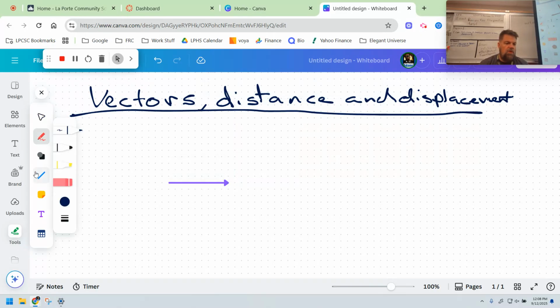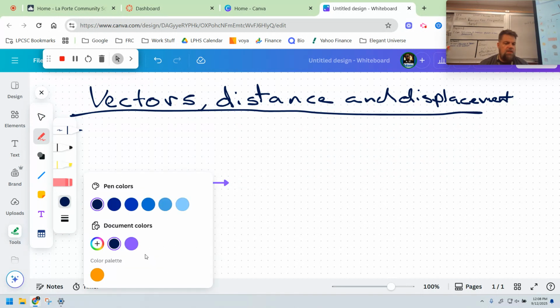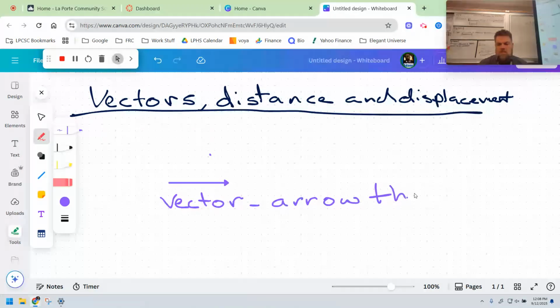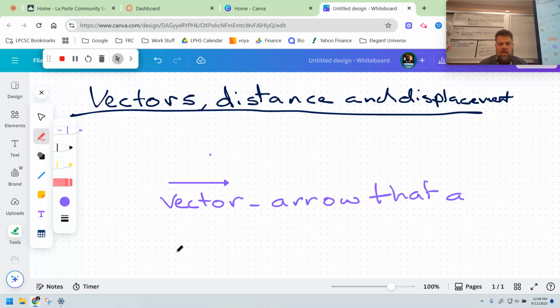So what I've drawn on the screen is a vector. Okay. So a vector is an arrow that represents a value, and there's a fancy word we use for that called magnitude.